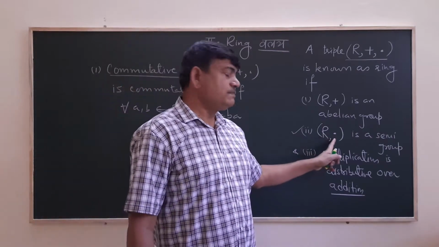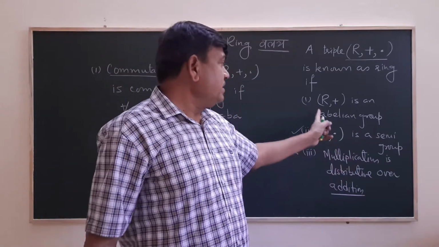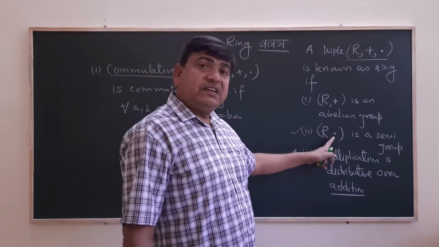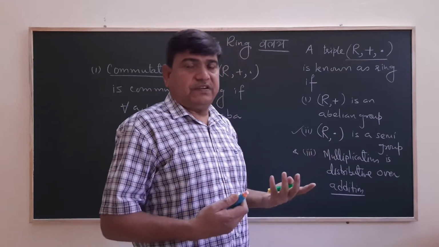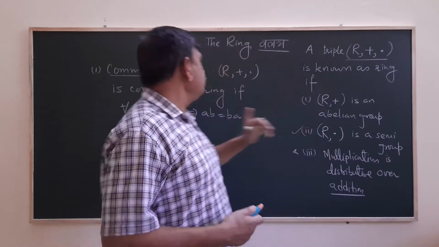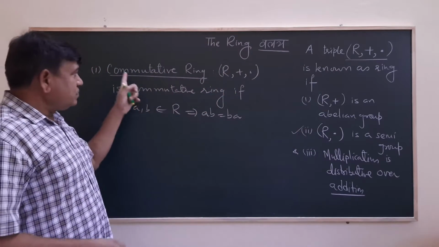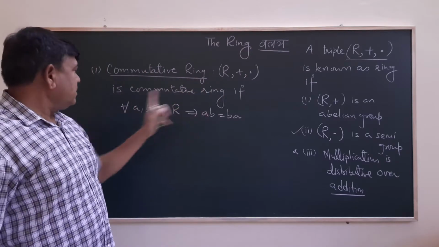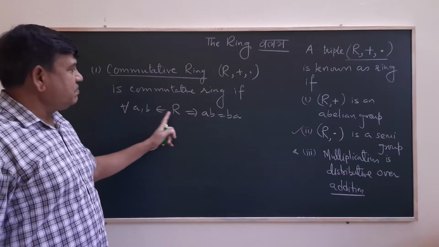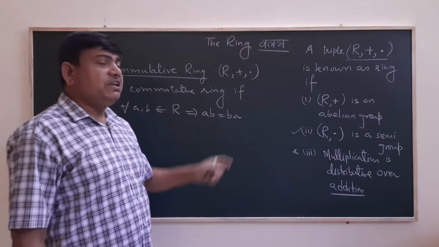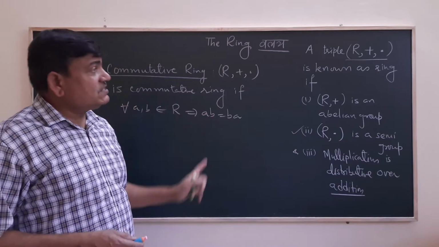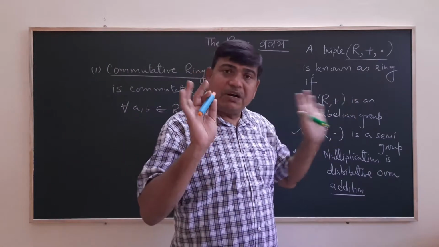So if multiplication is commutative, then the whole ring is known as a commutative ring. Remember, the sign between A and B is the second composition, that means here multiplication.